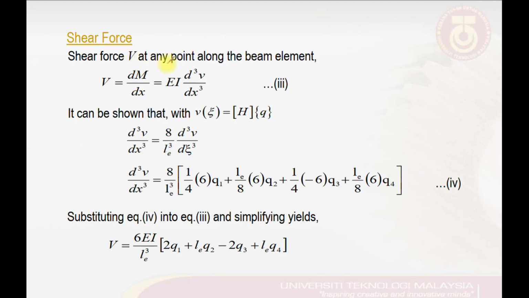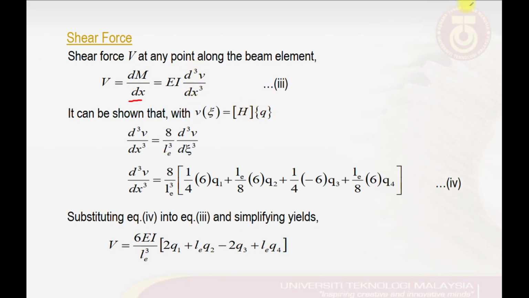Shear force V at any point along the beam element is given by the gradient of the bending moment along the element that we consider, and this is equivalent to EI multiplied by the third derivative of v over x.